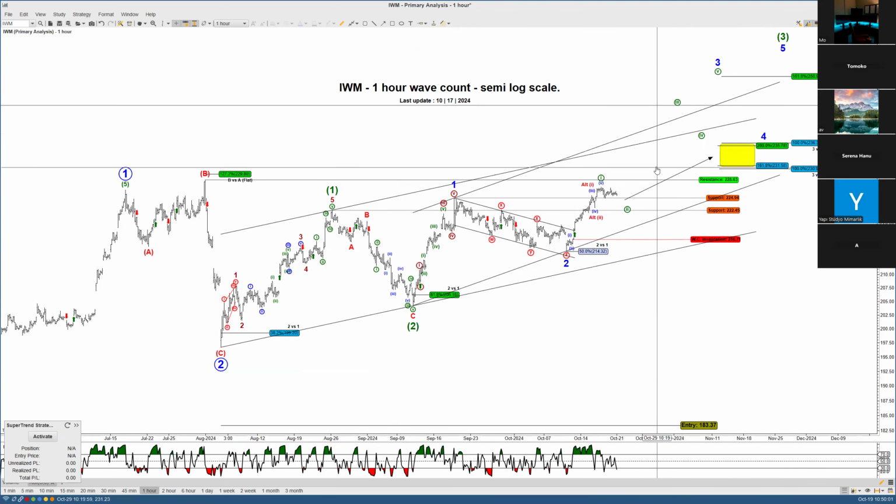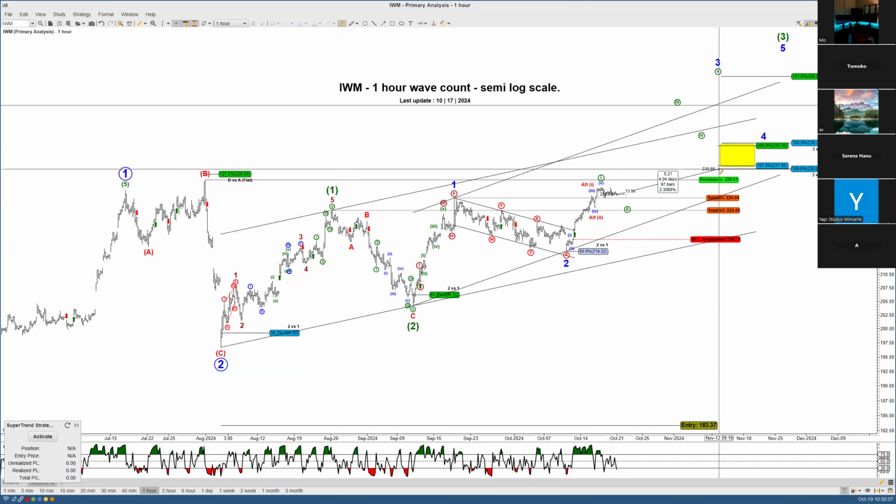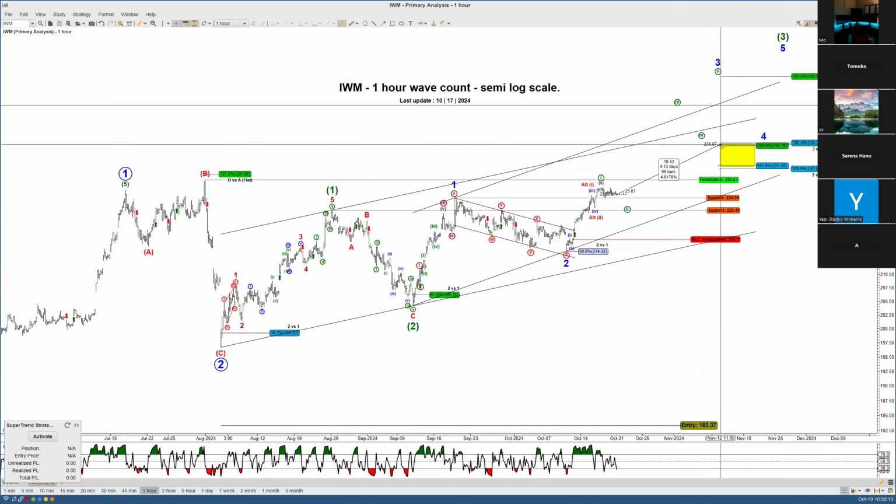So we're talking not that far. 2% upside, 2.33 just to get this 100. And then the other one is 4.75.